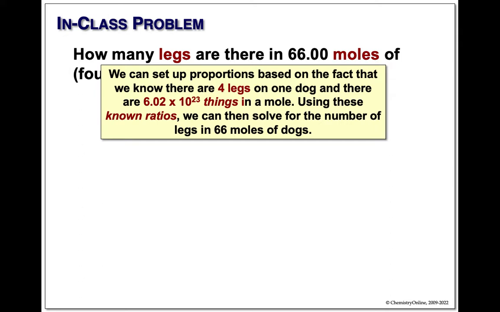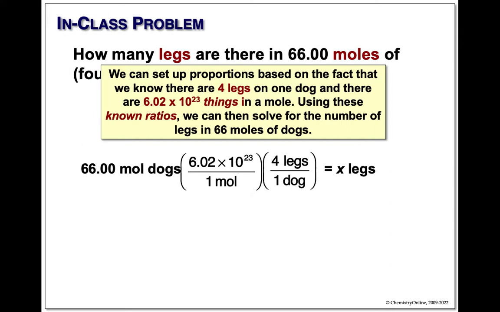So we start off with our given. Next, we put in things in a mole. So mole is in our denominator, and 4 legs per dog. We cancel. Calculate this out, 1.589 times 10 to the 26 legs.